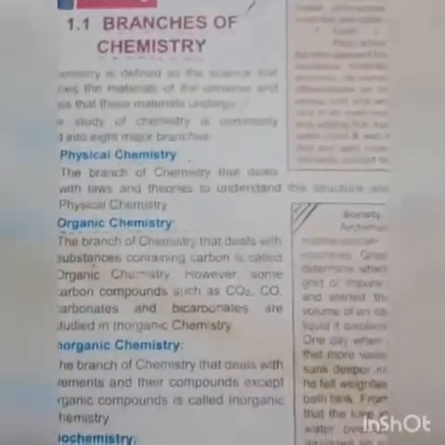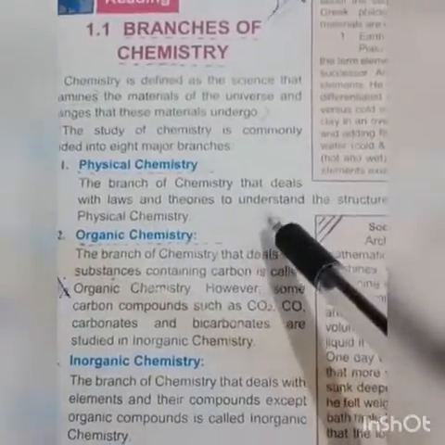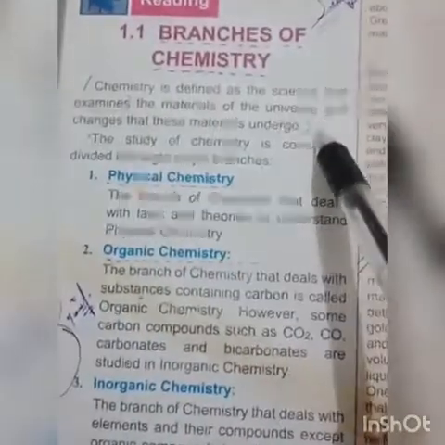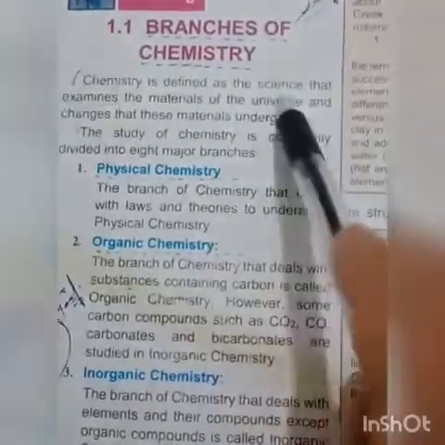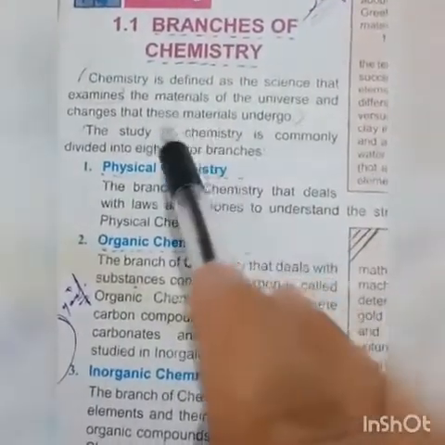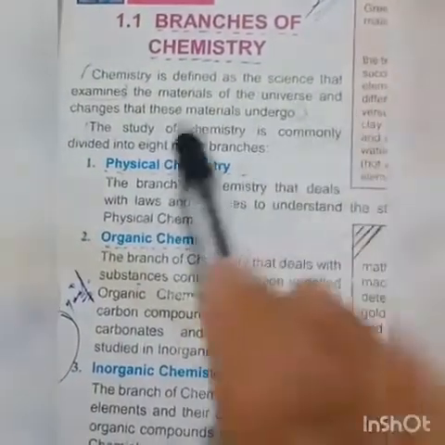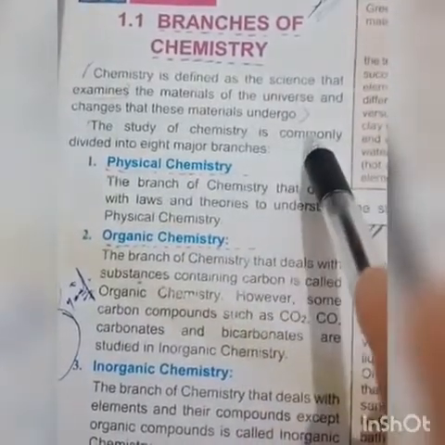Okay students, from book page number 1, here is the definition of chemistry. Chemistry is defined as a science that examines the material of the universe and the changes that these materials undergo.